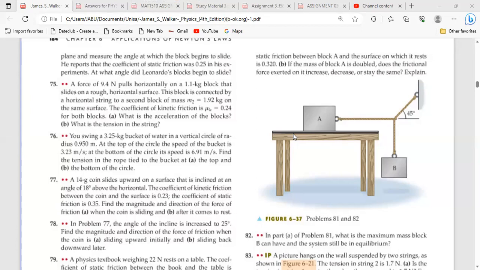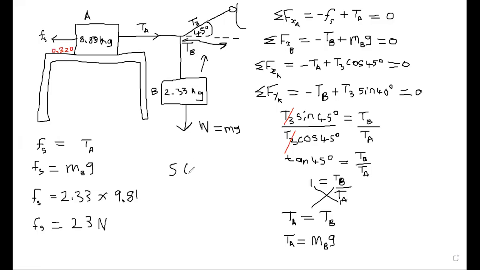Okay, so it will stay the same. It will not be affected by the change in mass.